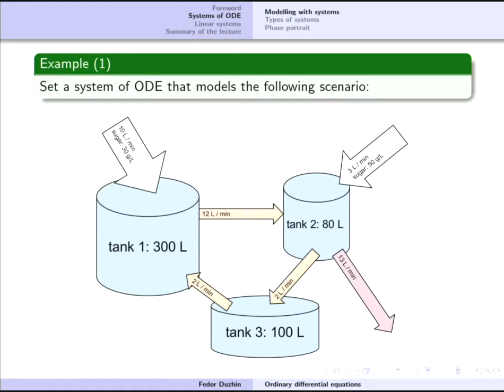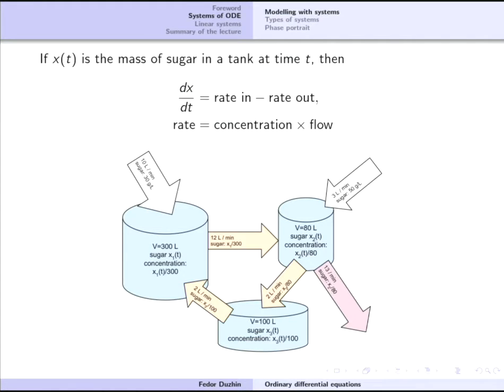All right, now, if we look at each tank, suppose that we just look at tank 2 or whatever. Suppose that x of t is the mass of sugar in this tank at time t. Then the rate of change of the amount of sugar is basically the rate of change from new sugar coming in minus the rate of change from new sugar coming out, right?